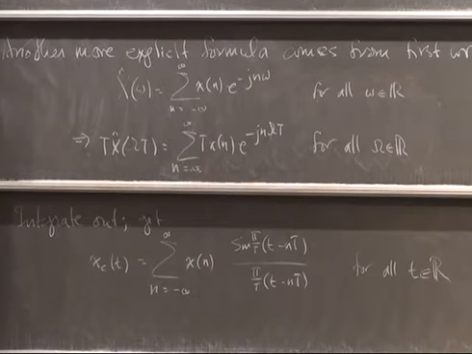So this technically means that you need every single discrete value to get one continuous time value. Well, to get all the continuous time values. To get the continuous time value at time 0, all you need is the discrete time value at time 0.